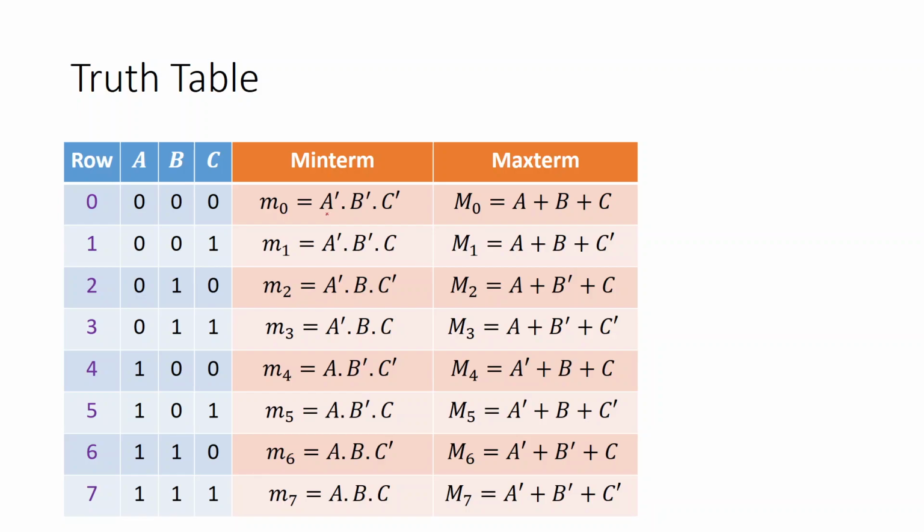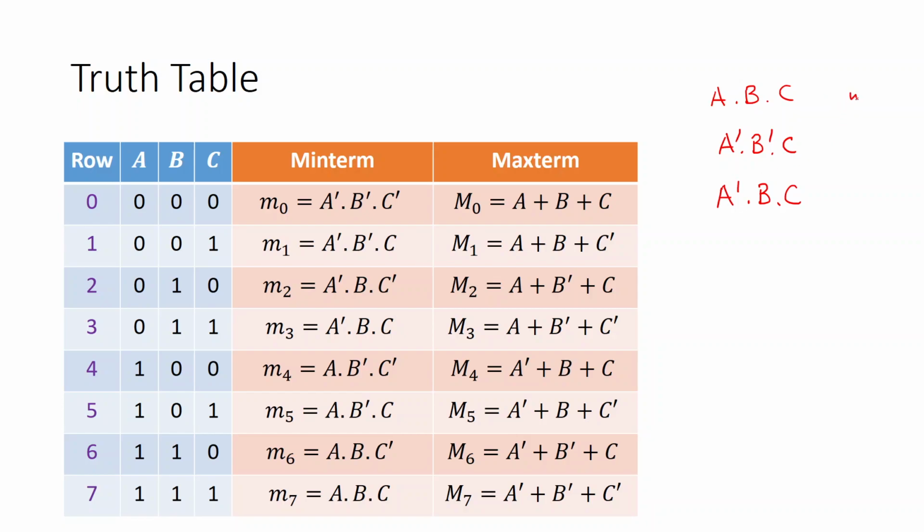So I can form ABC. This is a min term. I can form A dash B dash C. This is a min term. So there are so many possibilities. Exactly 8 possibilities are there for three variable functions.